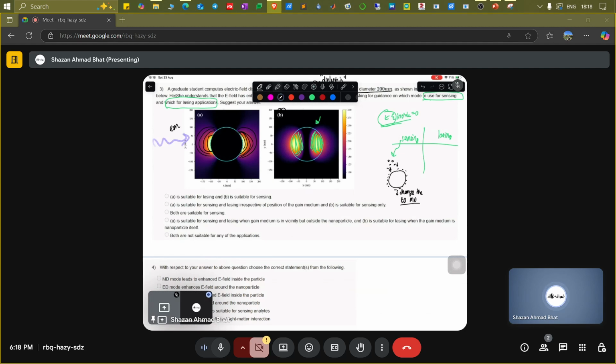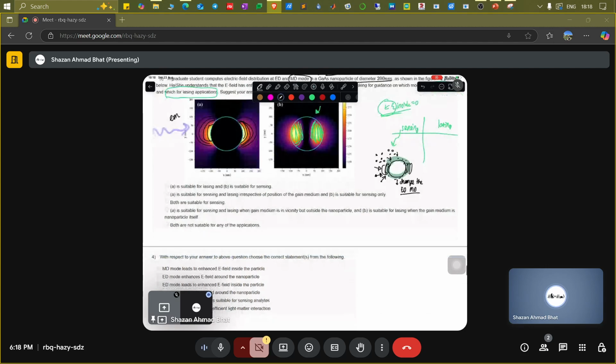So the efficient way is if the phenomenon is happening over the surface, or if the electric field strength is maximum at these particular regions, then the molecules you want to sense are going to change this distribution, and because of that change, you are going to sense it. So this one sounds a good choice for sensing because it has maximum electric field intensity, dipole intensity, outside this particular nanoparticle.